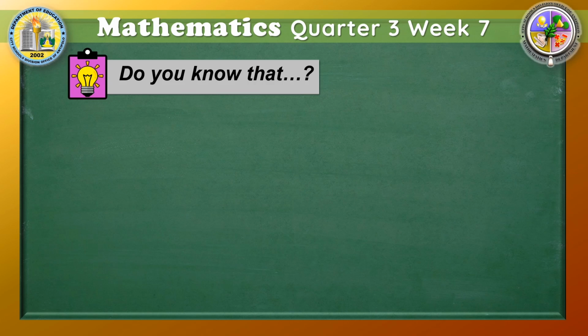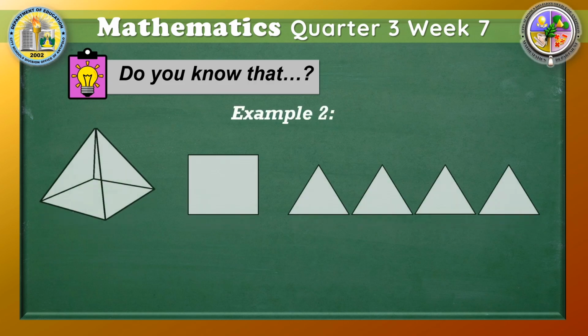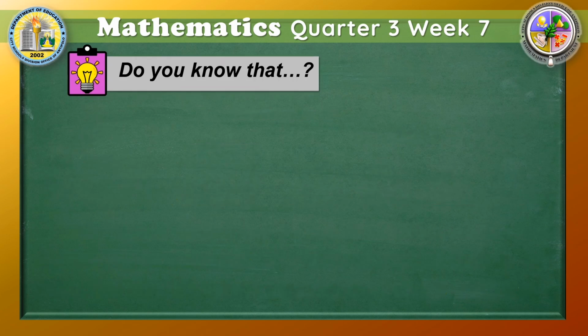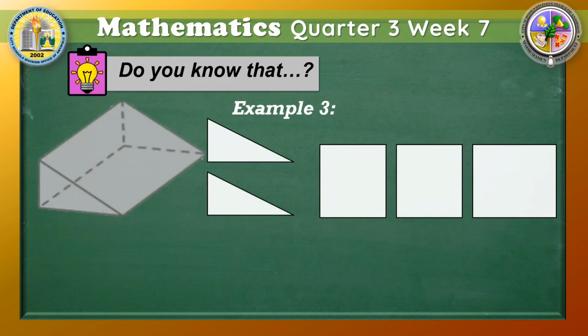Here is example number 2. The figure at the left in the illustration above is a square-based pyramid. The bottom square face is the base. The 4 triangular faces are the lateral surfaces. This time, let's analyze example number 3.